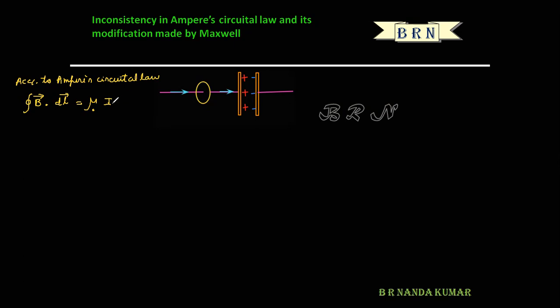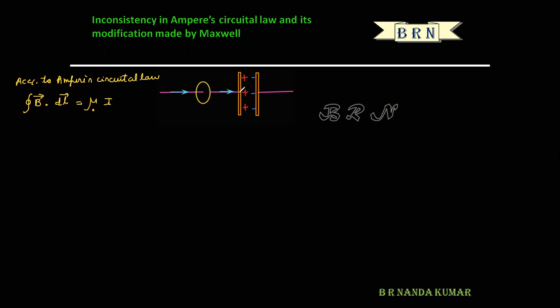So to understand the inconsistency of Ampere's circuital law, let us consider the process of charging of a capacitor. What is the meaning of capacitor?